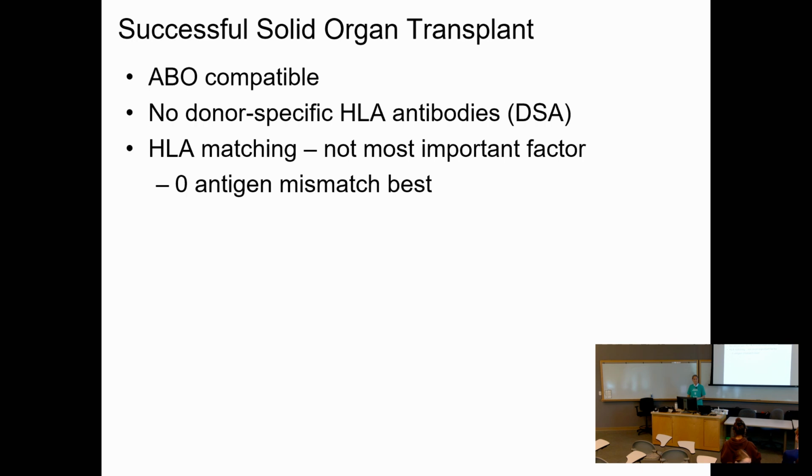Sorry, is there any ranking system of matching? Is matching HLA-A more important or matching HLA-DRB more important? Is there any ranking system of the importance of them, or are they all about equal? So generally for solid organs, they're about the same.